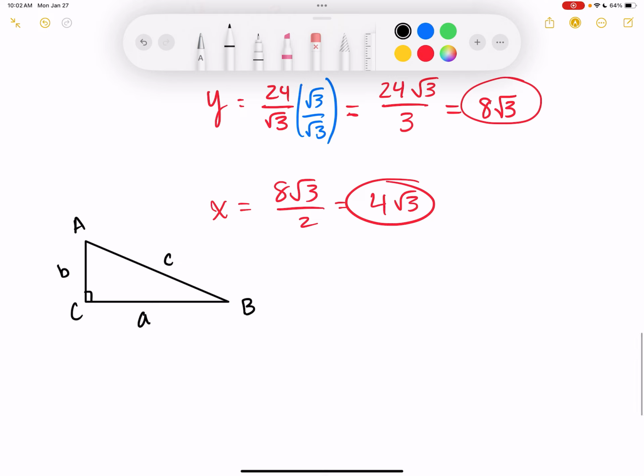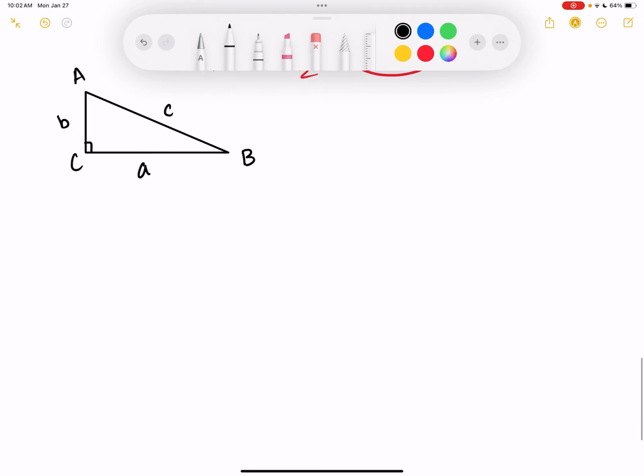Okay, remember, lowercase letters represent side lengths, uppercase represent angles. Wait, I need to write this out. SOH CAH TOA: sine is opposite over hypotenuse, cosine is adjacent over hypotenuse, tangent is opposite over adjacent.